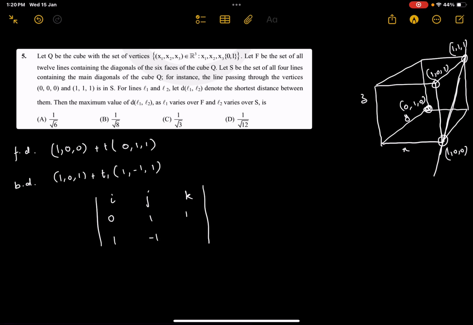We'll get 2i cap plus j cap minus k cap, this cross product. So we have the vector along which there will be minimum distance between the two.